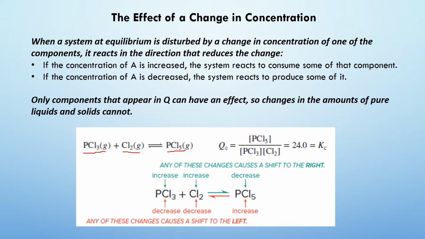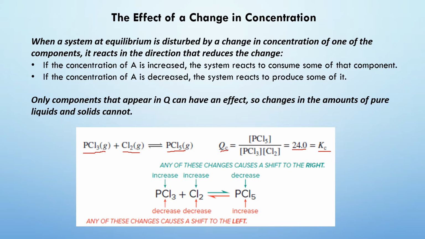Because the coefficients are all equal to 1, all the exponents are equal to 1, so we don't need to write them. Let's say this reaction right now is at equilibrium. At equilibrium, Qc is equal to Kc, and for this chemical reaction at this certain temperature, this Kc value is equal to 24.